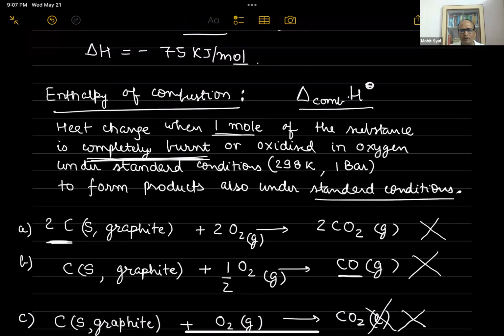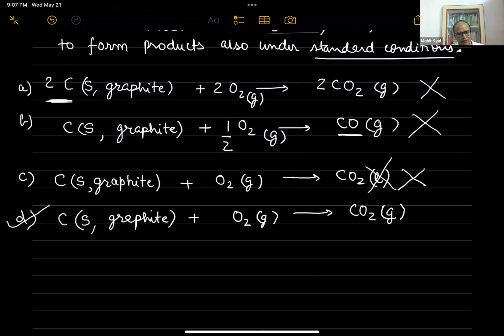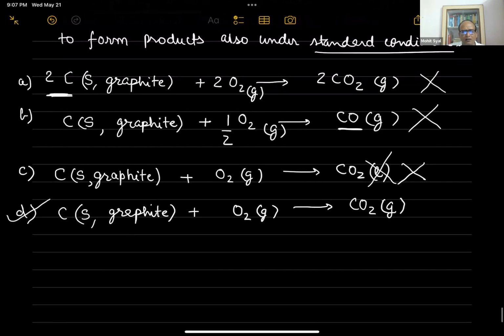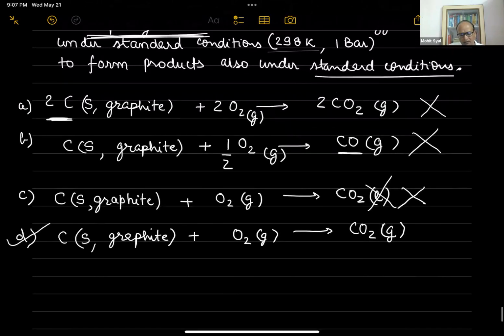So whatever the standard conditions are, for example, water at 298 Kelvin is liquid, so we need to take it as liquid. Is it clear? This is basically enthalpy of combustion. So this I hope is clear.